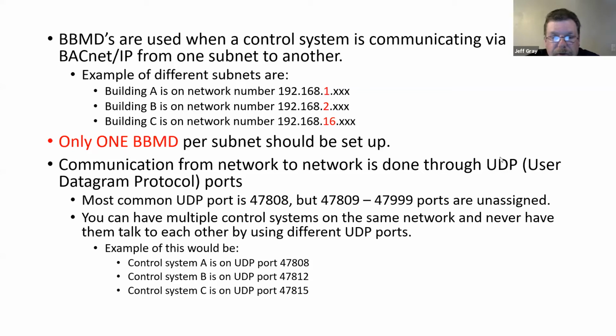They are on 47808, but the control system that we have up there is on 47810. And by having those two different UDP ports, we never see each other. We can use the same device instances, the same MS/TP network numbers, and they'll never have any conflict as long as we do not tie into each other's UDP ports.